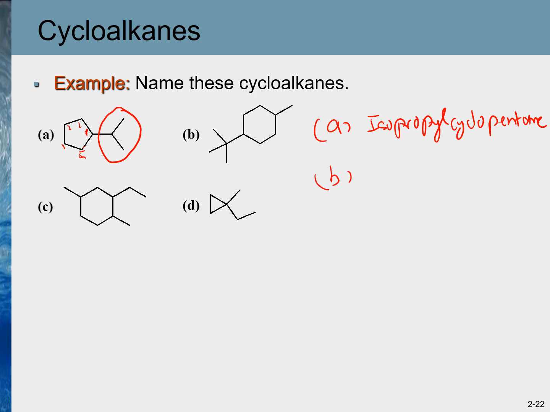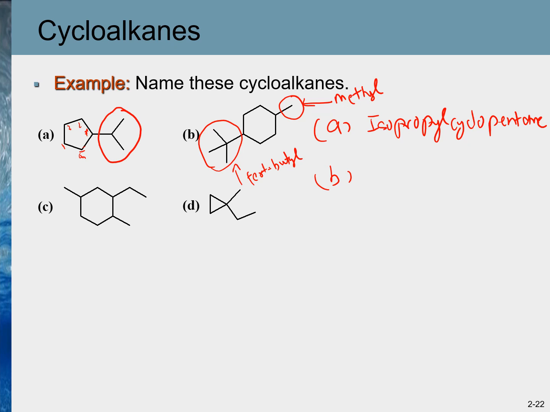In example B, we have two substituents and the ring is 6 carbons long. The substituent on the right hand side is methyl. The other substituent is tertiary butyl.